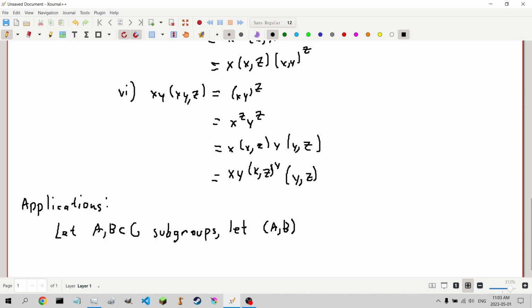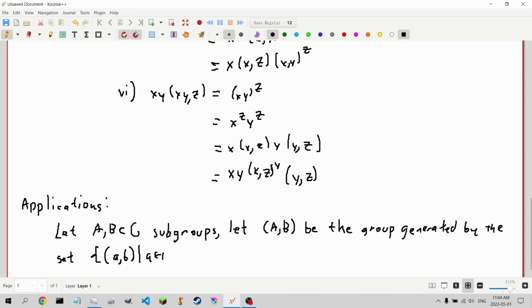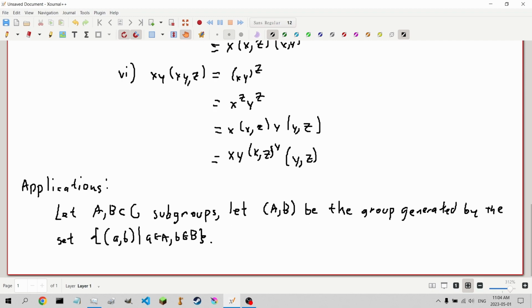And this would be the group generated by the set of the individual commutators, because keep in mind this itself might not be closed as a group, I don't think. So we just take it as a generator inside G and see what we get as a total.